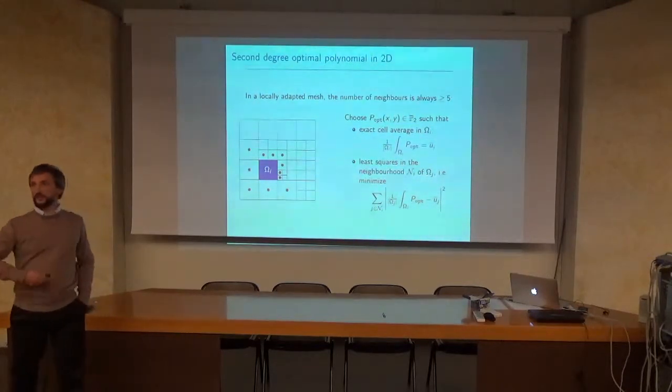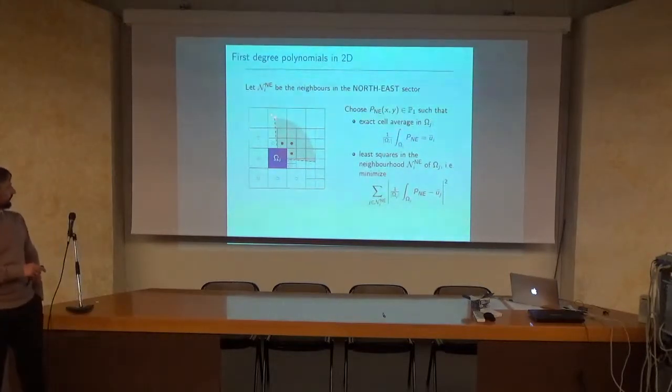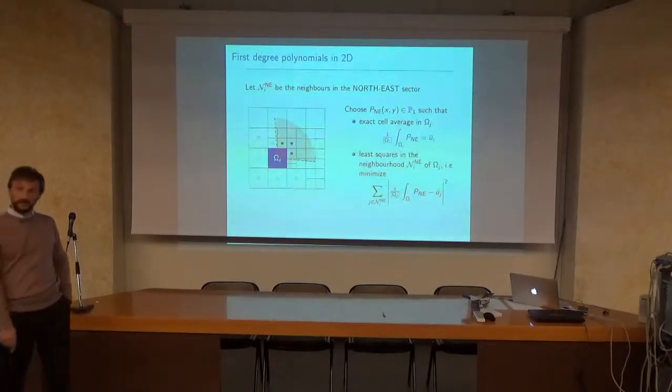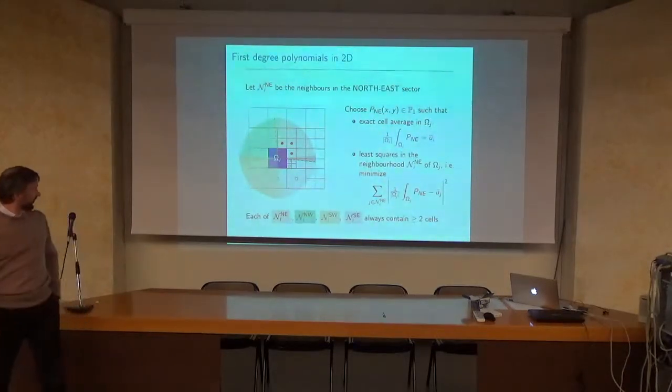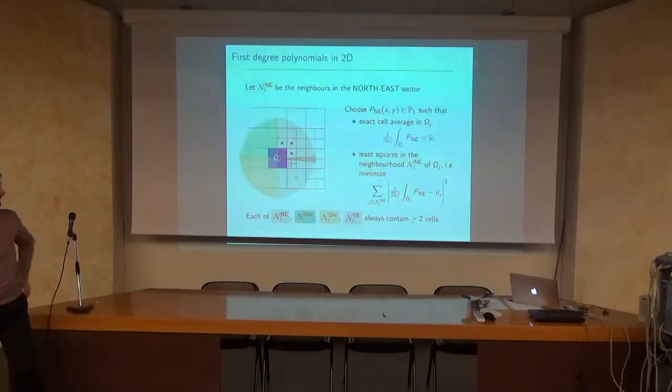Next we want the lower degree candidate polynomials, and for these you just restrict to a sector in the neighborhood and you play the same game again. So for example, the first order northeast polynomial should have the exact cell, the blue cell average here, and should fit the red cell averages, those 3, in the least squares sense. And similarly for all the others, northwest, southwest, and southeast polynomials.